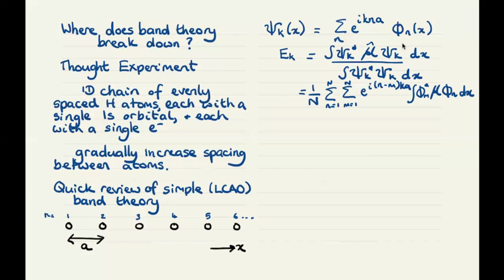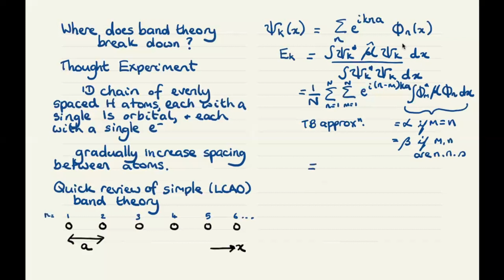And in the usual tight binding approximation, we say that this integral is equal to alpha if m is equal to n, and beta if m and n are nearest neighbors. And so our expression simplifies to alpha plus 2 beta cosine ka.